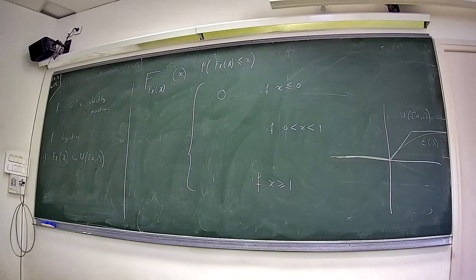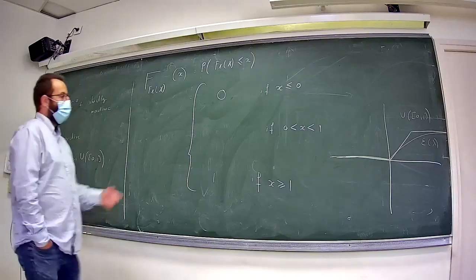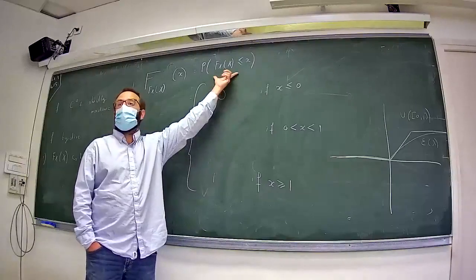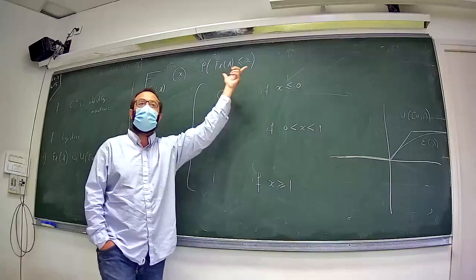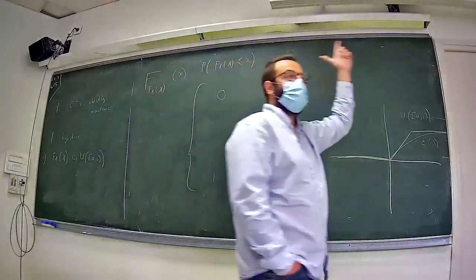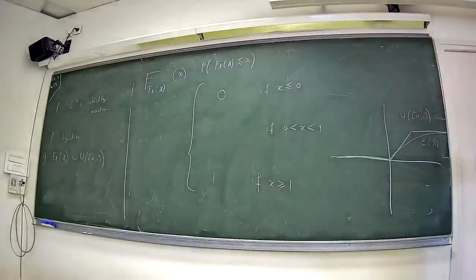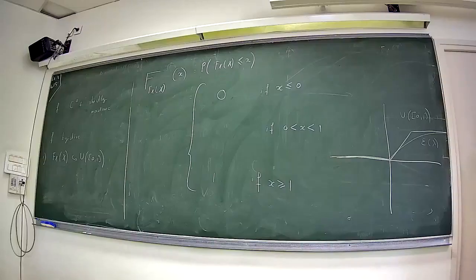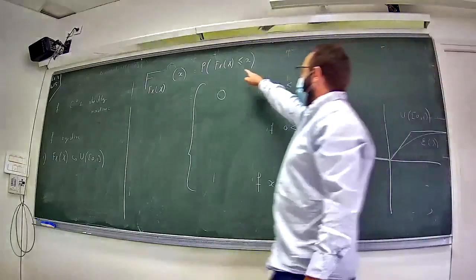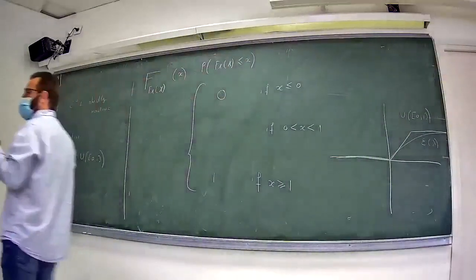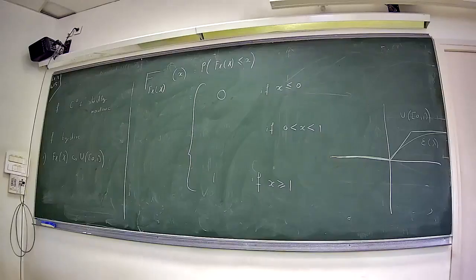Meaning that in this situation I can apply the inverse to both sides of the inequality and it won't change the side of the inequality, because F_X minus 1 is strictly increasing.